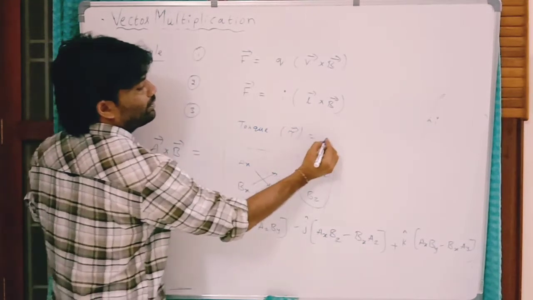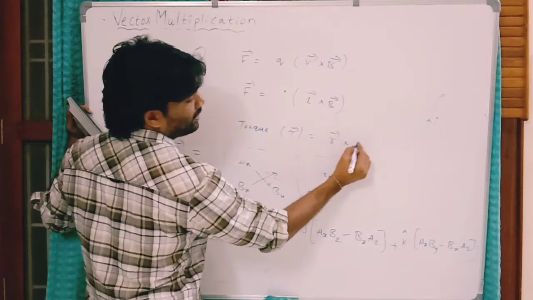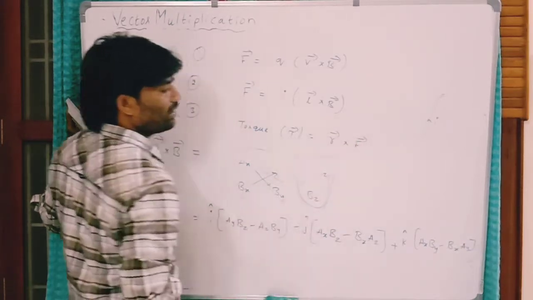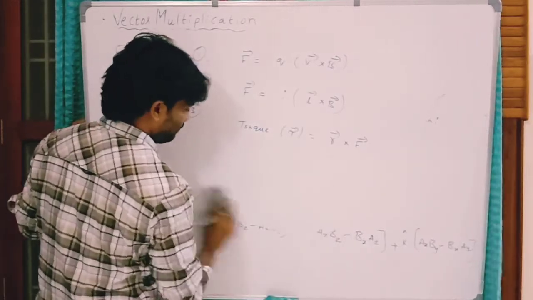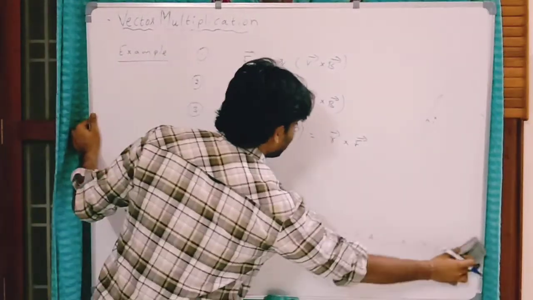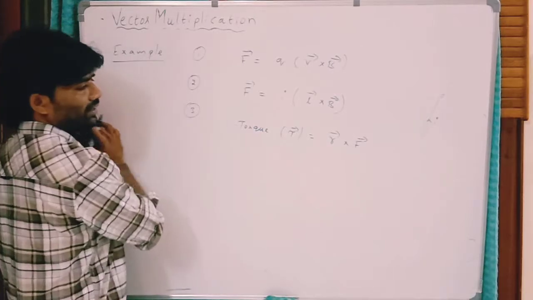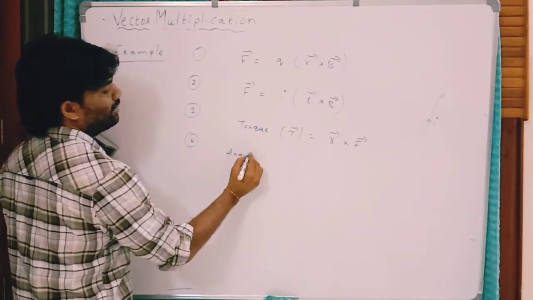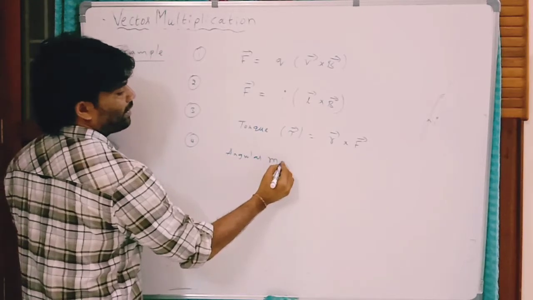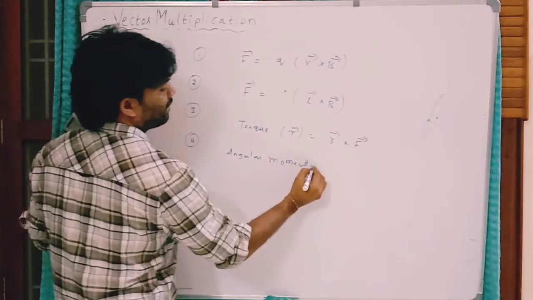Torque is equal to R cross F, where R is the position vector and F is the force vector. Their cross product gives torque. And also we use angular momentum vector.